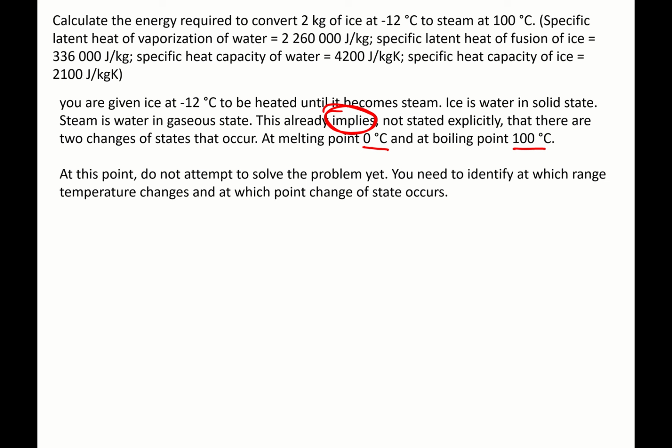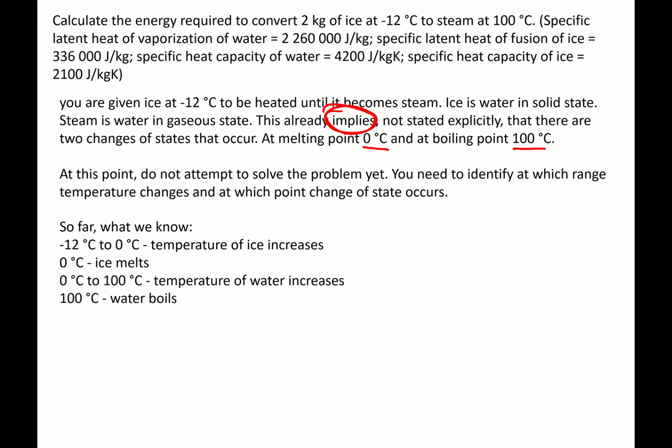Now, even after you figure this thing out, please do not attempt to solve the problem yet. You need to identify the temperature range at which the temperature increases and the specific temperature at which a change of state occurs, and actually what happens to the water, ice, or steam at each point. So far, this is what we know.